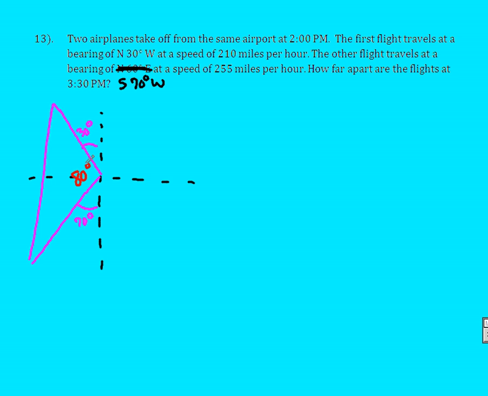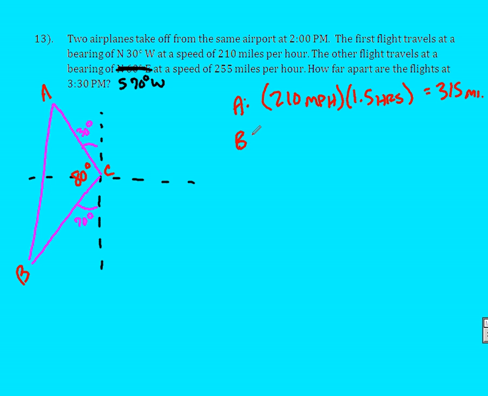And then when I do that, I should find now what my sides are between the two planes. So if I say this is plane A, this is plane B, and they started from point C, well, if I want to find where plane A is, I'm going to say, well, he was going 210 miles per hour, and to go from 2 o'clock to 3:30, that means it was 1.5 hours, which means that he's run a distance of 315 miles.